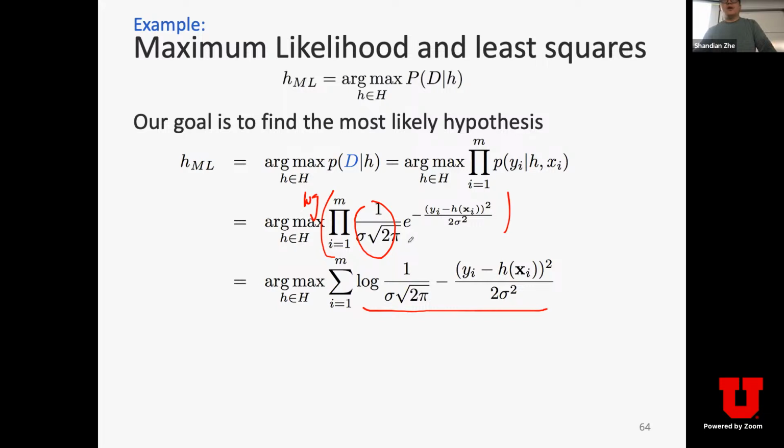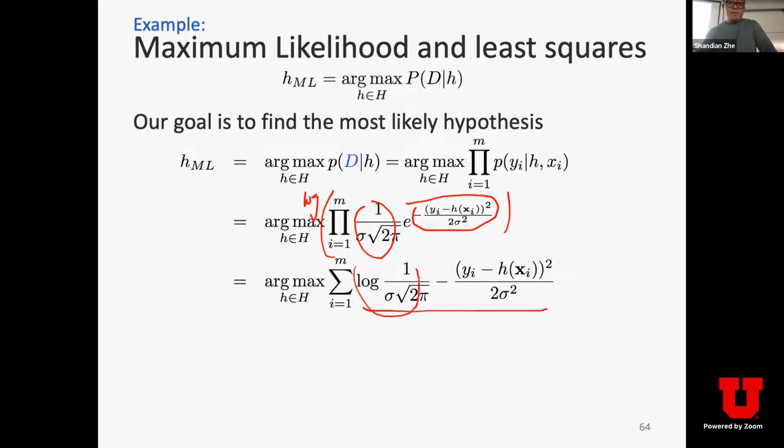So it cancels, and you have minus yi subtracted by your prediction made by hypothesis h, squared and divided by 2 sigma squared.